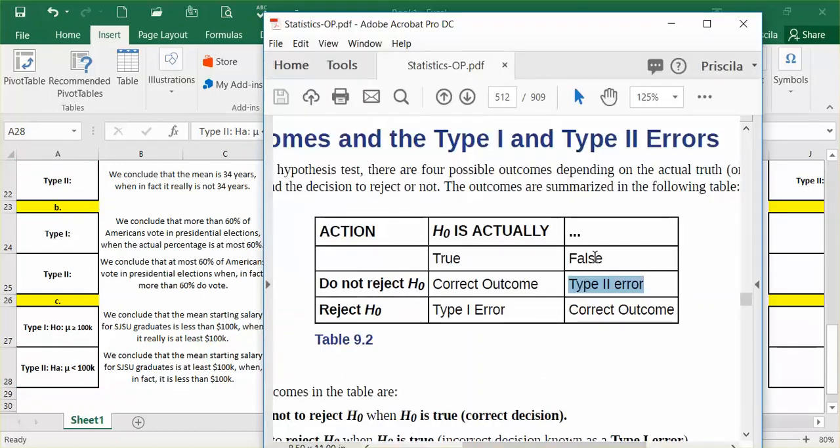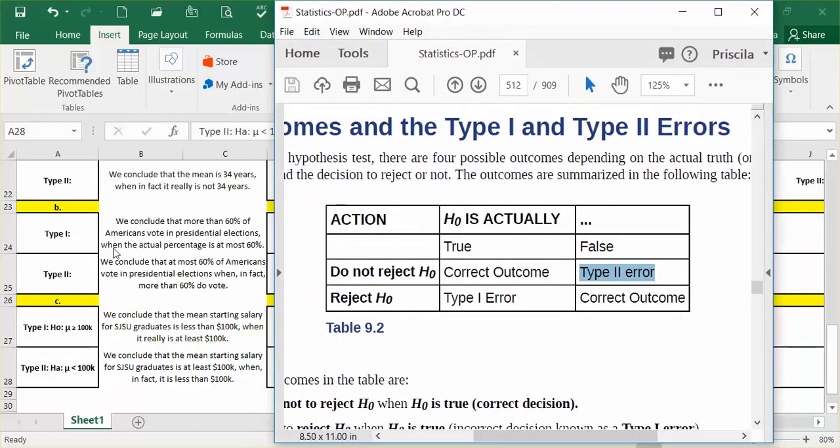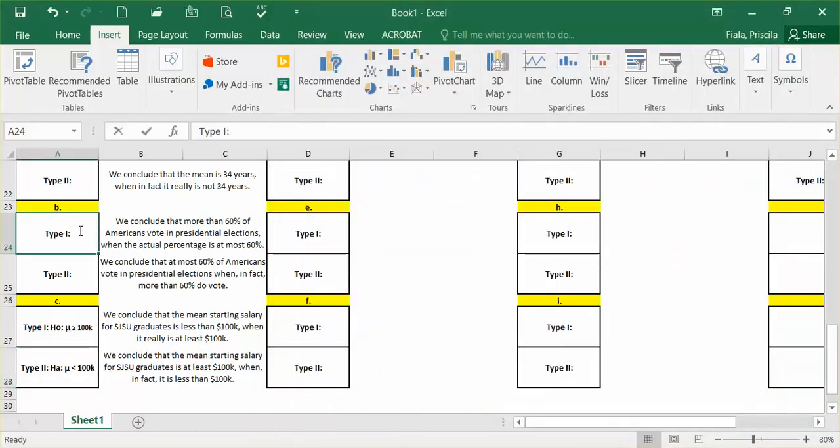Sounds very confusing, but the more you go, you look at the examples and you put every single symbol and wording that you need, and then you refer to this table. For example, right here we could try another one. So we conclude, so what is the actual percent?